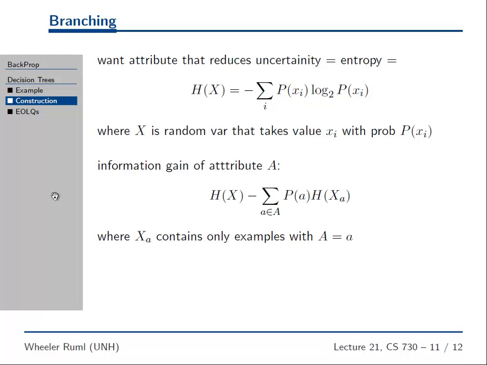So this is a weighted sum of the entropies of all the branches that we would get if we branched on A. You want this to be low. There's actually a quantity called information gain, which is the entropy of all the examples minus the entropy you'd have if you had broken them up into groups according to A. This is called the information gain after you branch on attribute A.